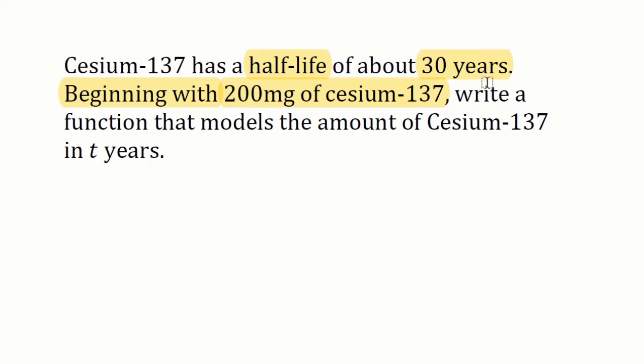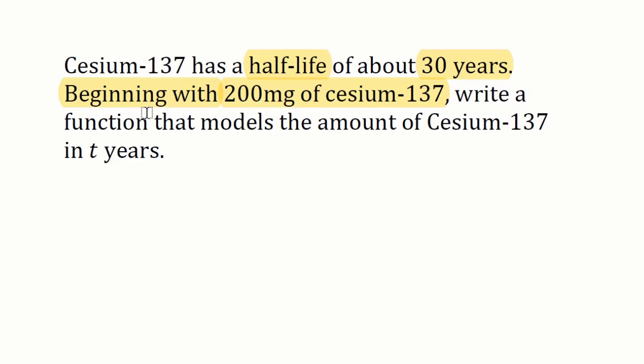So in 30 years, whatever the starting amount is will become only half of that. If we have 200 milligrams of cesium-137 as the initial amount, then in 30 years we will have only 100 milligrams remaining.